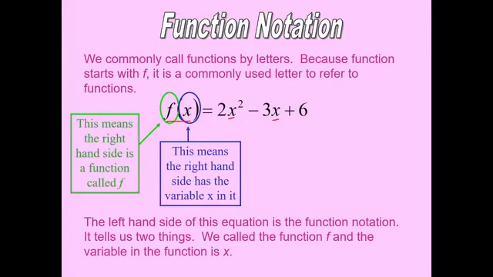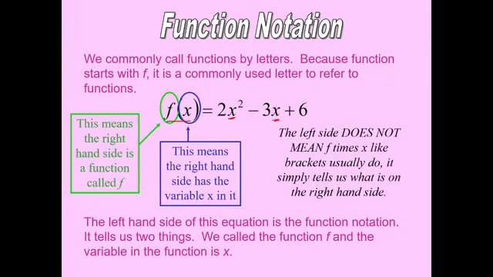If I'm going to have f of c, therefore, x here becomes letter c. It depends on which letters are used in our expression. Now, the left side does not mean f times x. You read this as a function of x or f of x. Okay? You don't read that as f times x again, class.